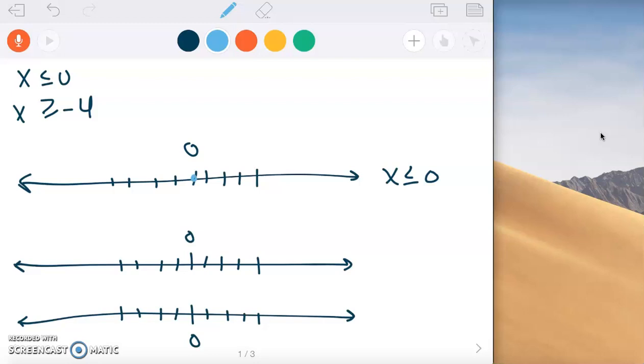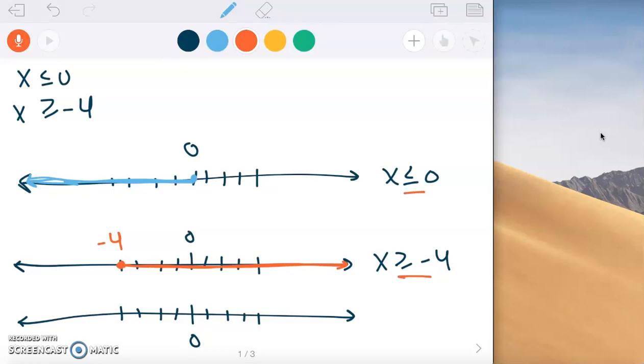That means we include 0, with a dot there, and it covers everything down this way. Then we have x is greater than or equal to -4. We go to -4, and it's everything greater than this. This inequality is represented by the red.